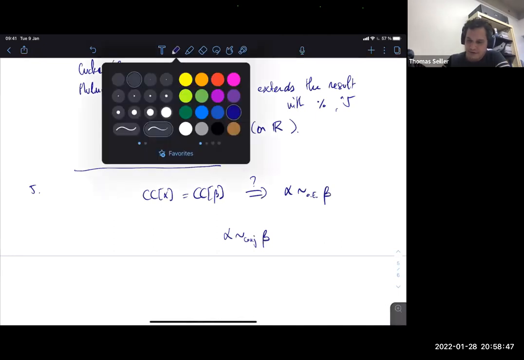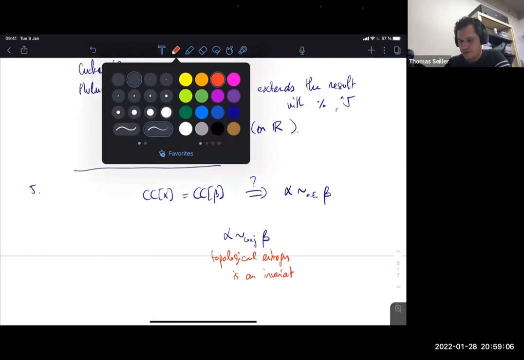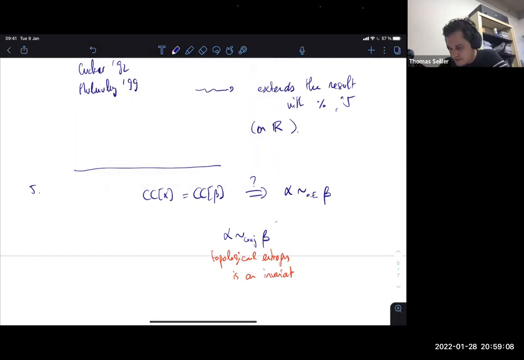And conjugacy has a known invariant, which is topological entropy. So it's a way of proving that two things are not equivalent for conjugation. And we know that this implies orbit equivalence. So maybe by understanding better the lower bounds here, we could have some kind of even stronger thing, which would be the implication here, right?